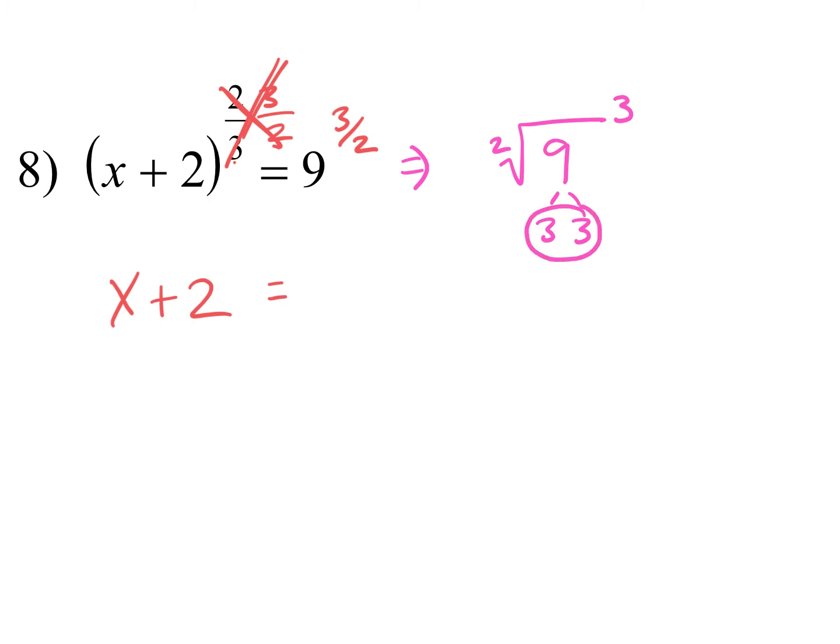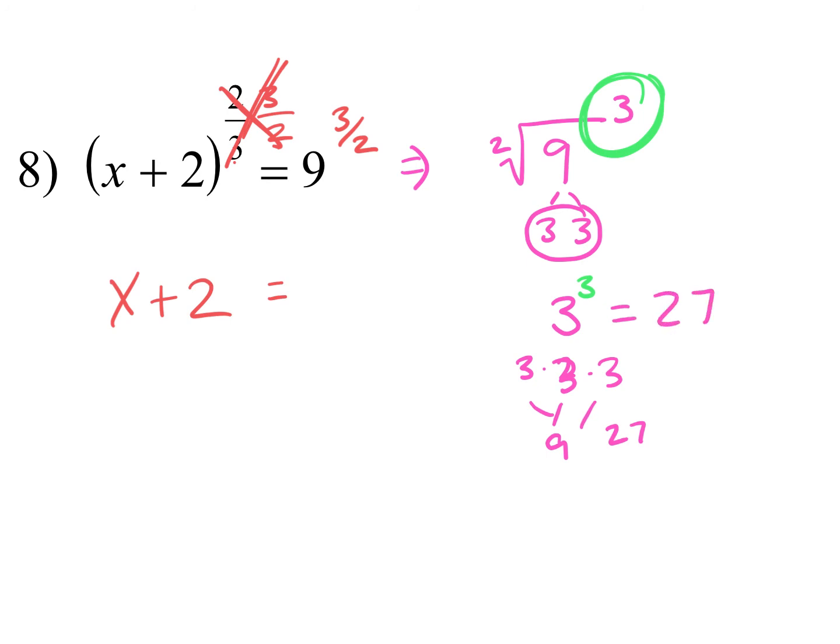Groups of 2. So we can take out a 3. What's our exponent on the 3? 3. What is 3 to the third power? Perfect. 3 times 3 is 9, and 9 times 3 is 27. So 3 to the third power is 27.